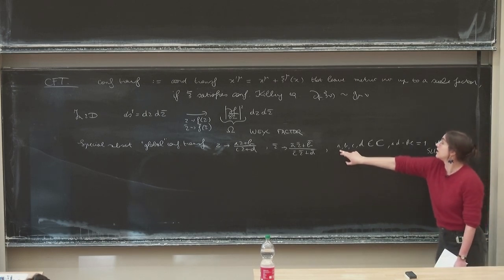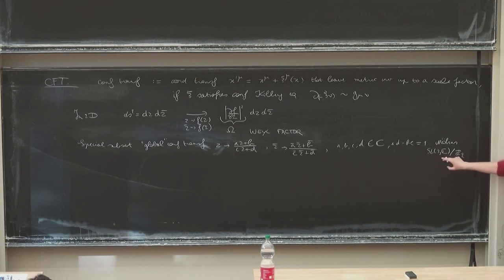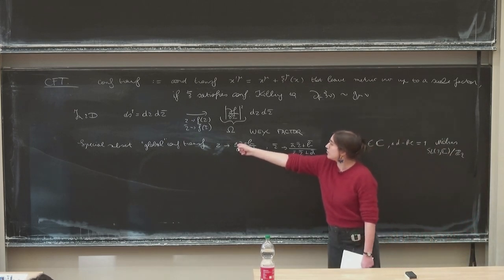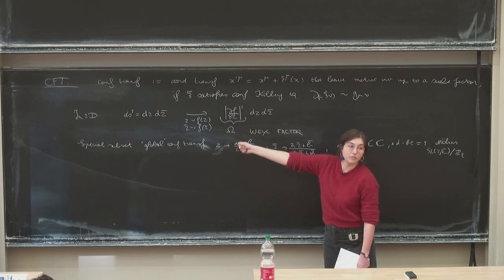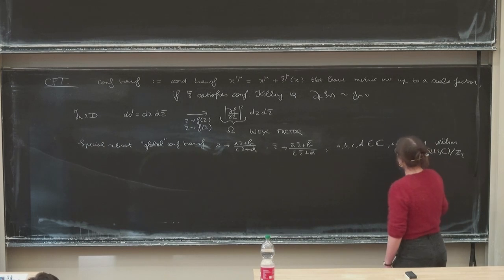Because with each transformation there's a 2 by 2 matrix with complex numbers A, B, C, D associated. And the over Z2 here is just because you can take each of these letters to minus themselves, A to minus A, B to minus B, etc. You'd still have the same transformation, okay?